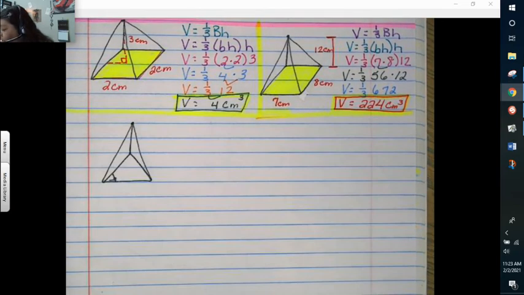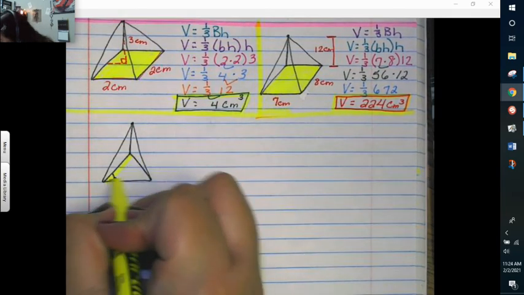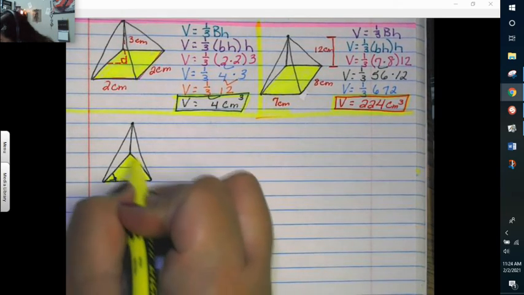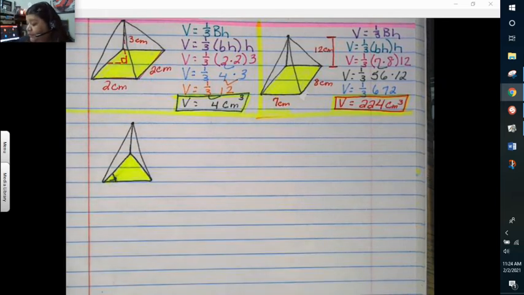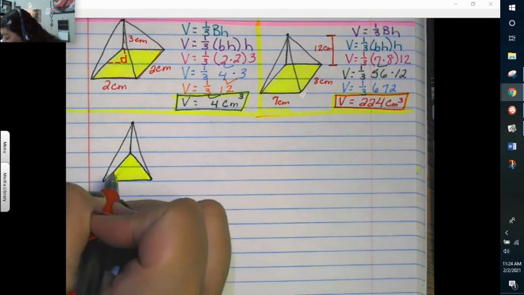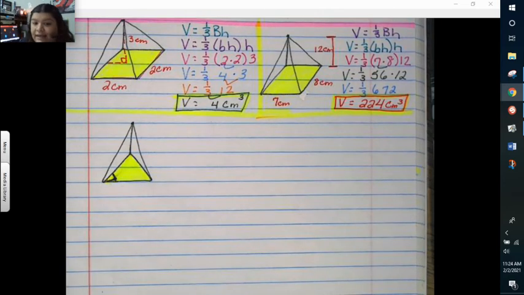Boom. Okay. And here is my base. Just like that. Okay. And then, yeah, my right angle is supposed to be here somewhere. Right there. Okay, it's kind of wonky, but there you go.